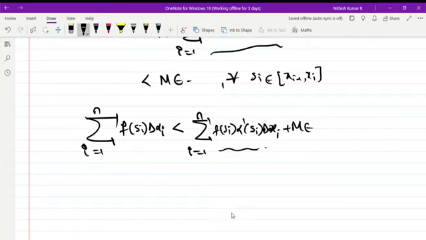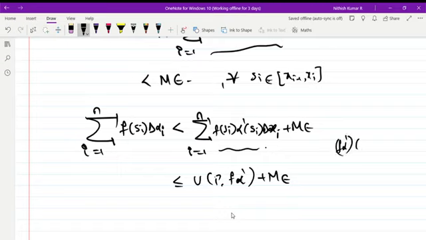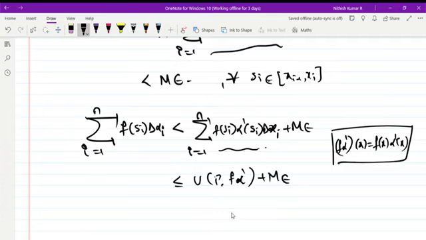And now if you observe, this one is less than or equal to U(P, f alpha dash) plus M epsilon. Now observe, this is the expression of U with respect to f alpha dash, considering f alpha dash as a function, so it is f of x into alpha dash of x.